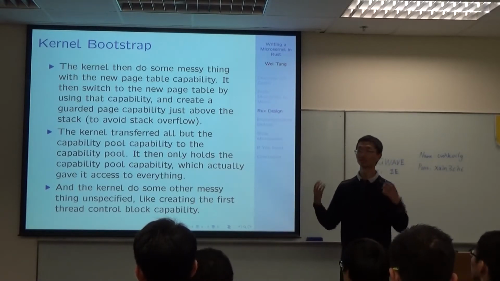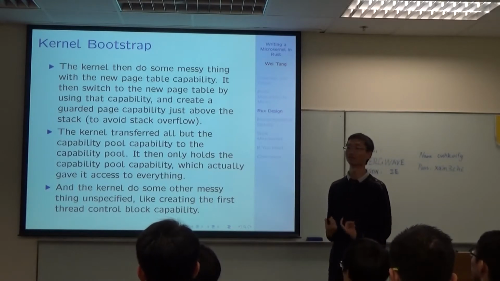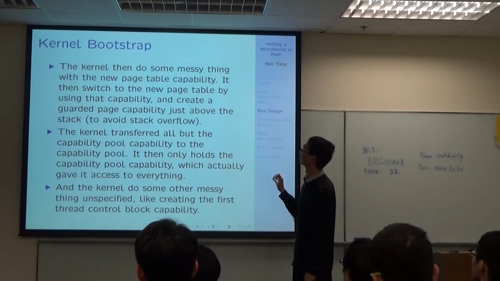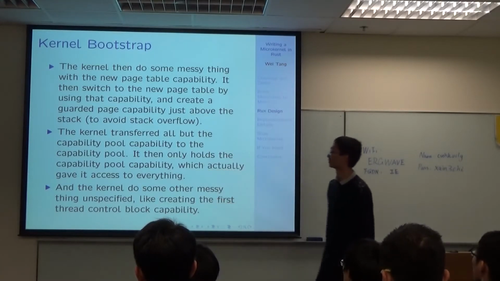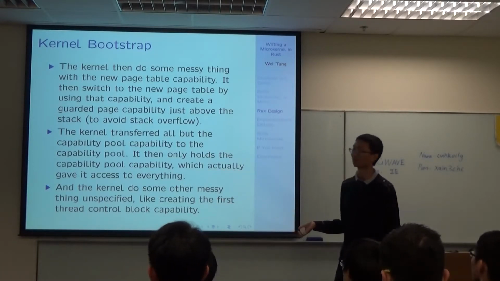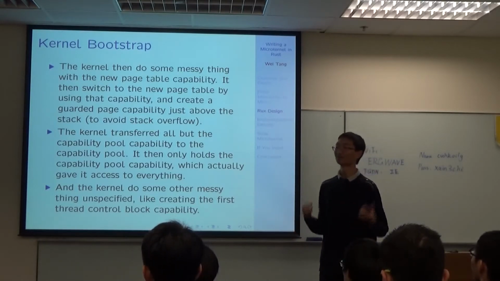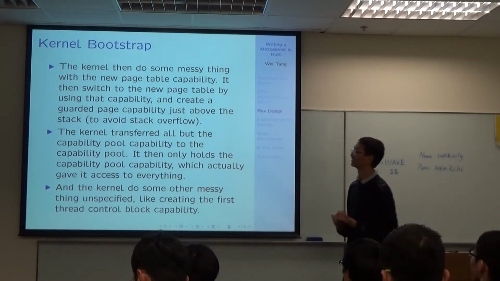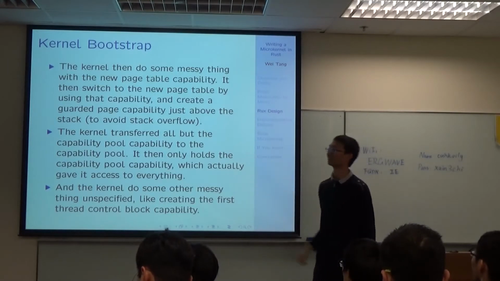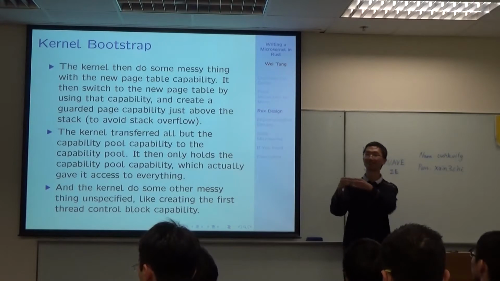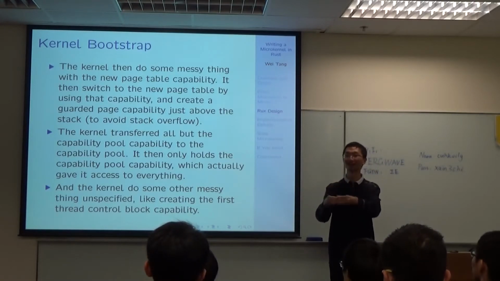And then it just transfers all the capabilities on its stack, except the capability pool capability, into the capability pool. So now I have a capability pool that is owned by the kernel. And you set that capability into some static variable in the kernel that is in the kernel reserved area.